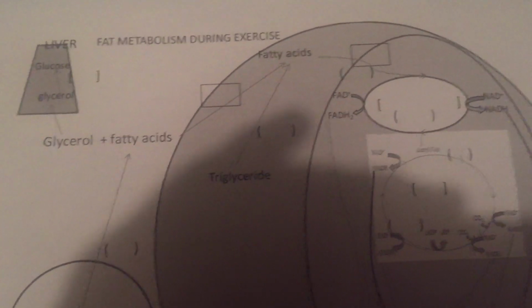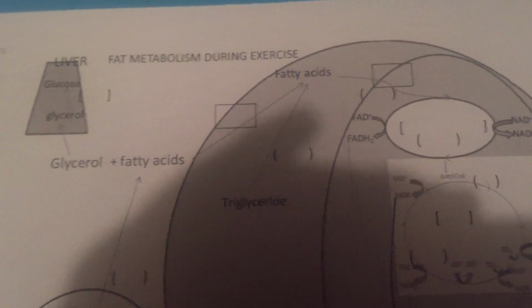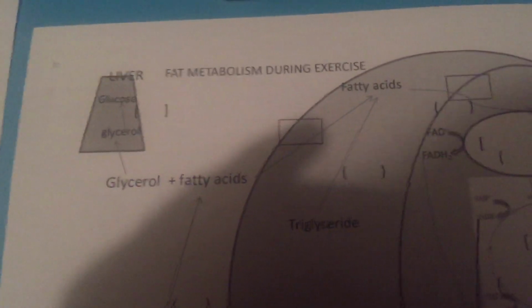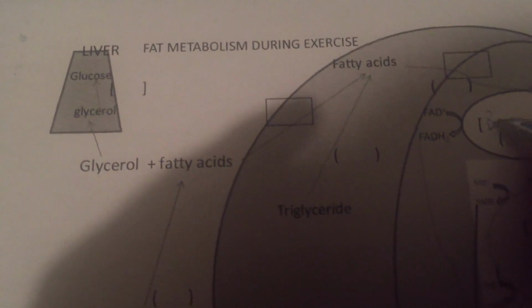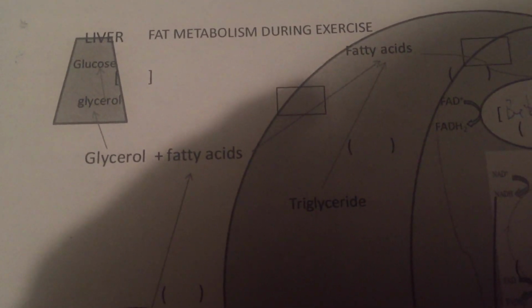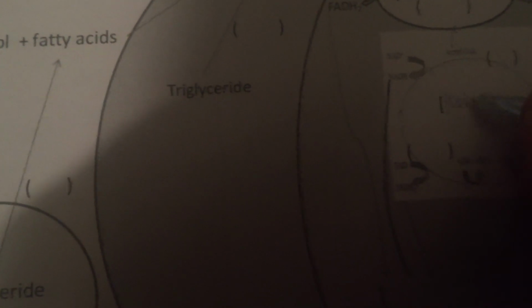So, first thing we're going to do is fill in the metabolic pathways. So those are your square brackets. So this one corresponds to your beta oxidation. That's beta oxidation. This one you filled in last time for the carbohydrate metabolism.